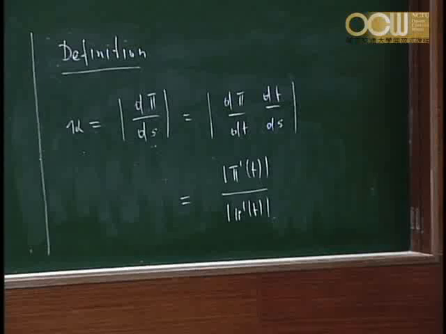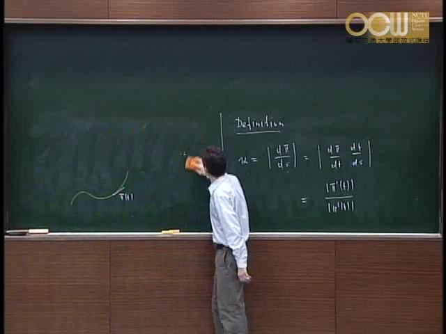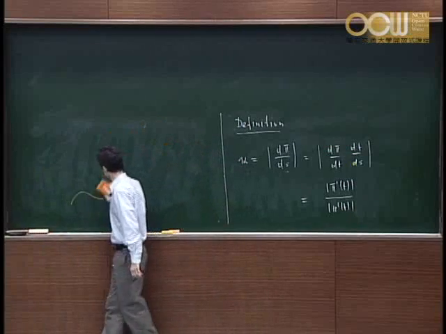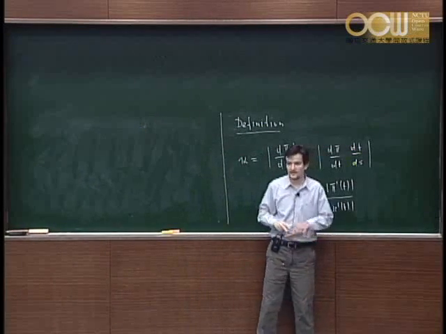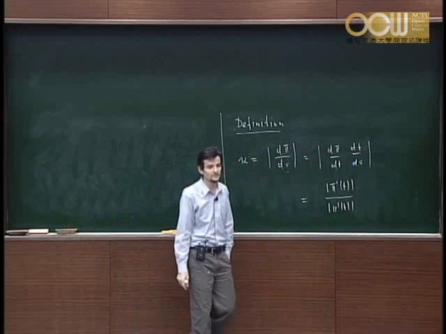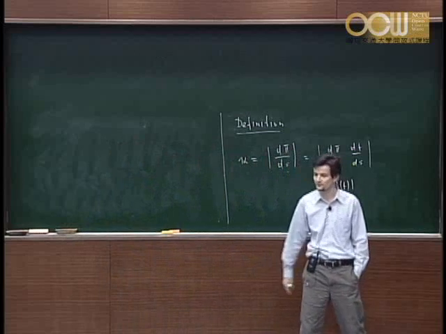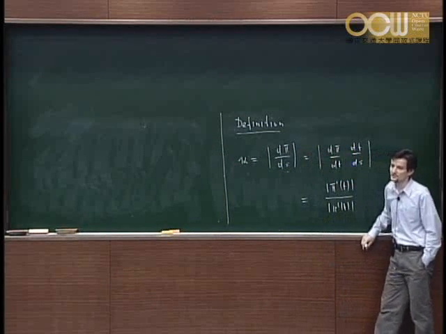Now, maybe let's look at one example to check whether this really measures how curved the curve is. Actually, what I have told you so far, apart from space curves, you can also apply to plane curves, because this definition also works for plane curves.